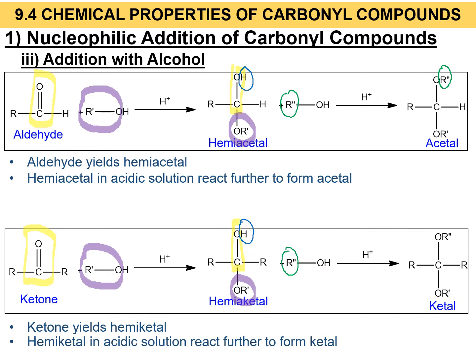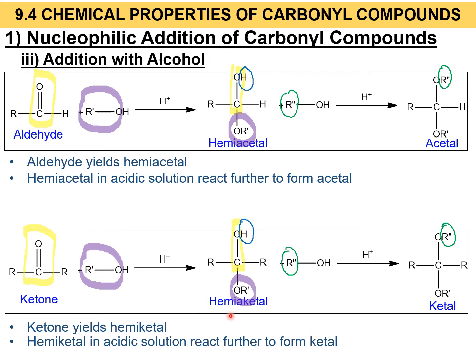So H ni you just gantikan dengan alkyl group of the alcohol. You got it? So apa yang berlaku bila hemiacetal dia react further with the alcohol, kita akan gantikan H ni dengan alkyl group of the OH. This is what we call it as acetal. Kita jangan kacau apa-apa, kita kacau this one saja.